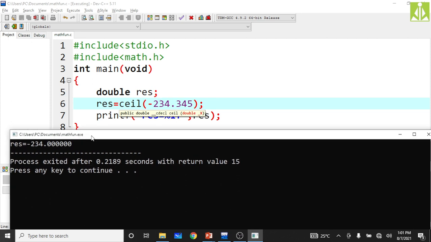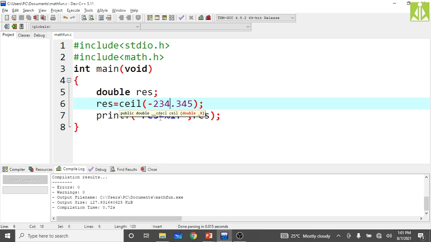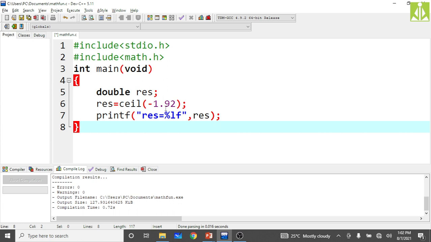Okay, the next thing, check for minus 1.92. What is the nearest possible value? If you move in the left hand direction, the nearest possible value is minus 2, and if you move in the right hand direction, the nearest possible value is minus 1.